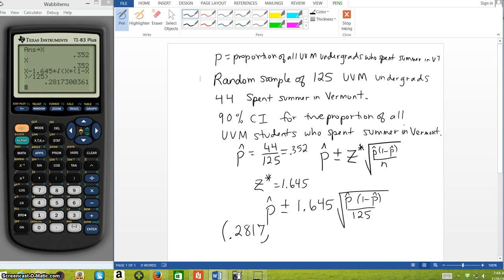Now I can do the same thing to get the upper limit. I'm going to start with my p hat, which is stored in X. Alpha X. This time I'm going to add plus my z star, 1.645 times, I have my square root, second.